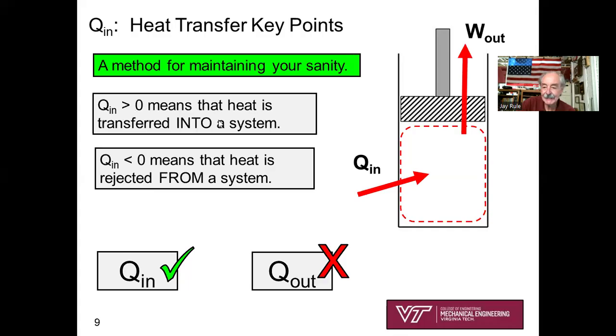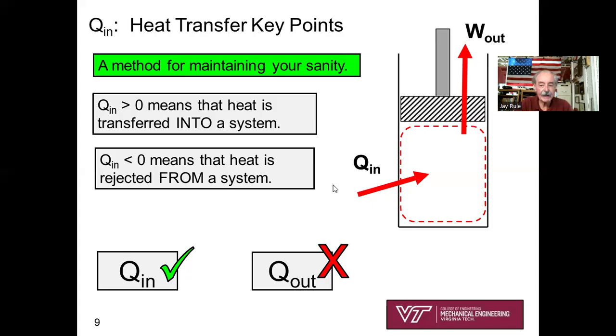Now, when Q sub n is a positive number, that means that heat is transferred into the system. Qn positive number, into the system. In my sketches, I always show the arrow flowing into the system, but my number may result in Qn being less than 0. Well, that's the signal that heat is rejected from the system. But I don't go back and change my sketch and flip my arrow around. So this is the way I maintain my sanity when working on homework problems.